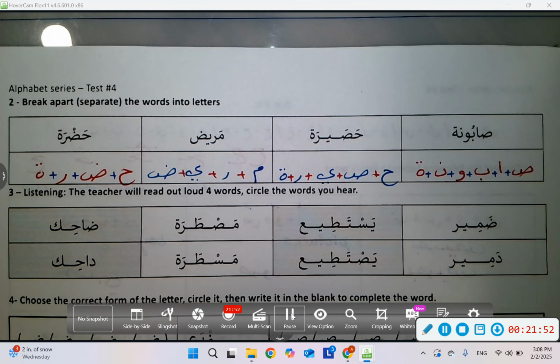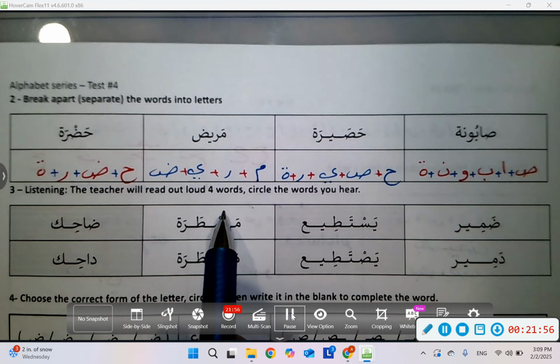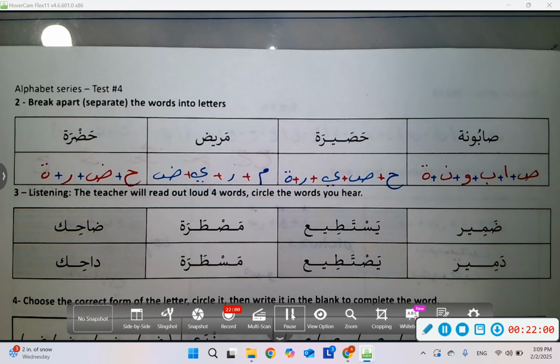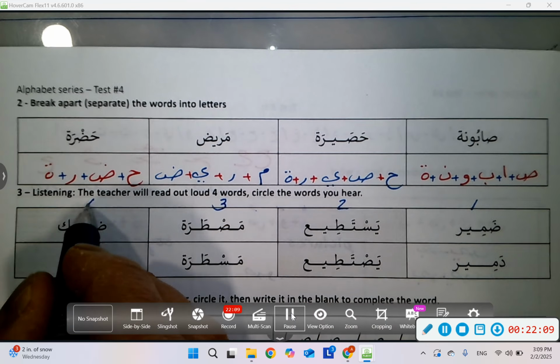Question number 3. Listening. The teacher will read out loud 4 words. Circle the words you hear. Now, column 1, 2, 3, 4.